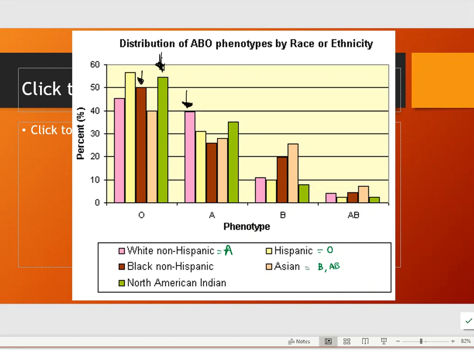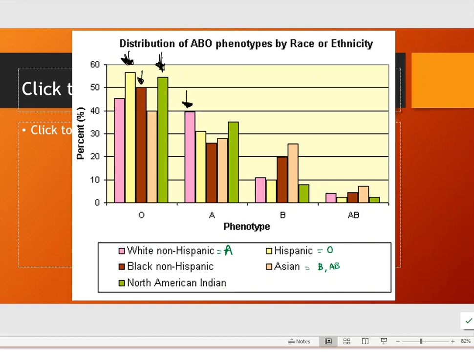If you're Hispanic, chances are you are an O blood type. And if you look at each category, Hispanics are the yellow bar. They're very low considering some of the others, but lo and behold, right up here at the O, you're beating everybody else out.